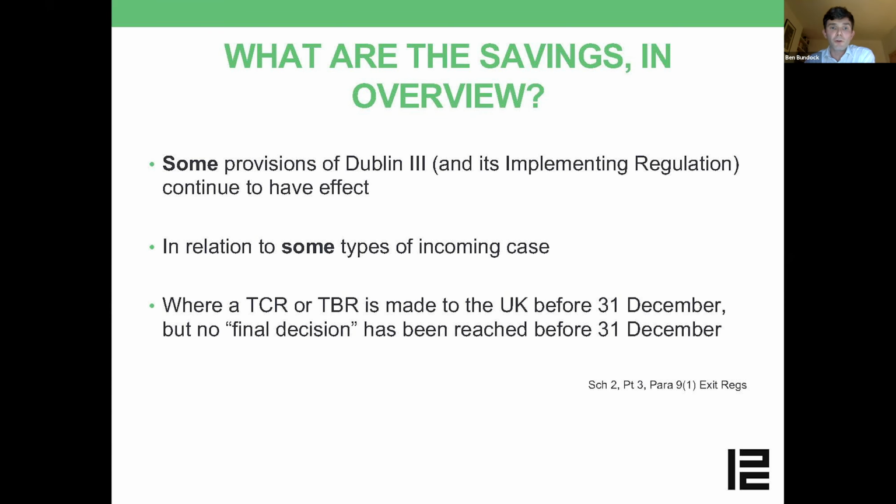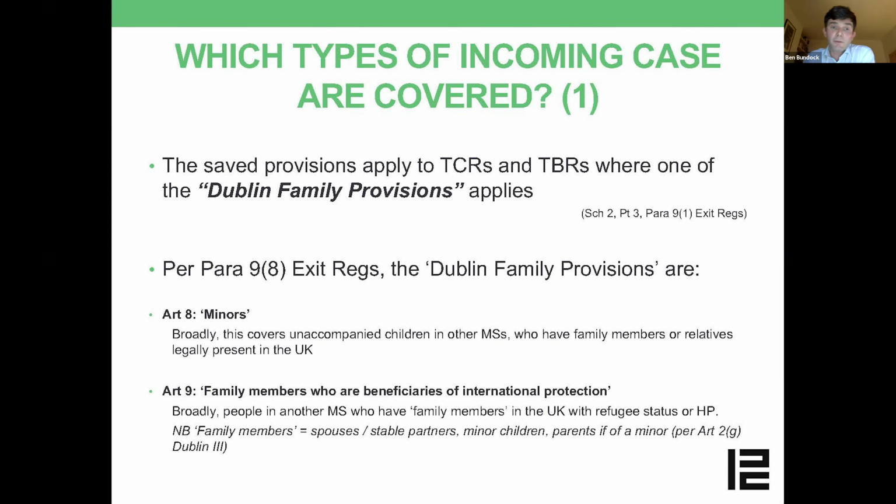And so in overview, some provisions of Dublin 3, not all of them, will continue to have effect for some types of incoming case where the request's been made before New Year, but no final decision. So now I'll explain which provisions and which types of case. The types of case that are covered are those which are covered by what are called the Dublin family provisions, and the clue's in the name.